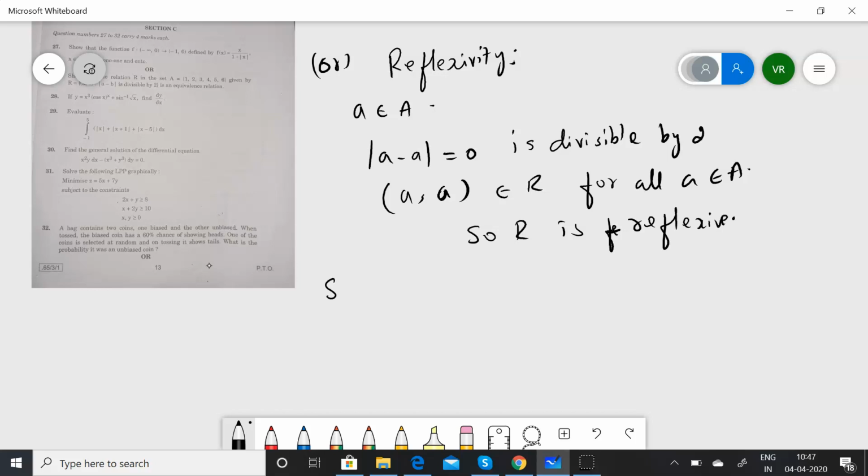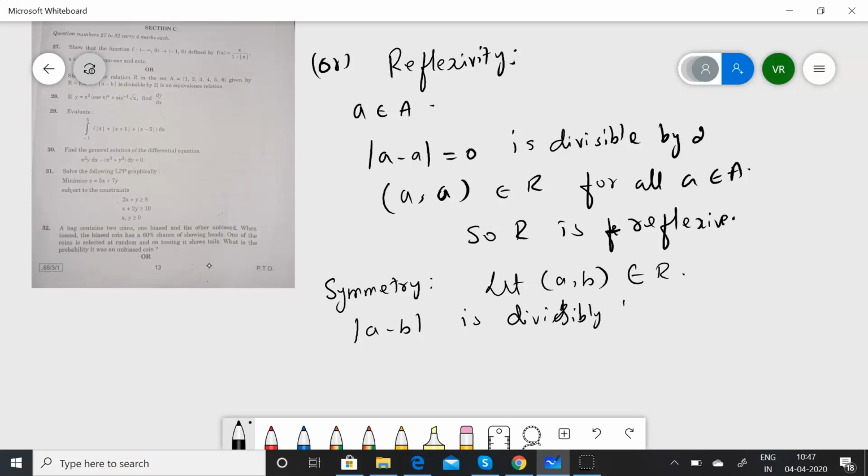Next, let us check for symmetry. Same way, let (a, b) belong to R. Then modulus of a minus b is divisible by 2. Also, modulus of b minus a is divisible by 2.